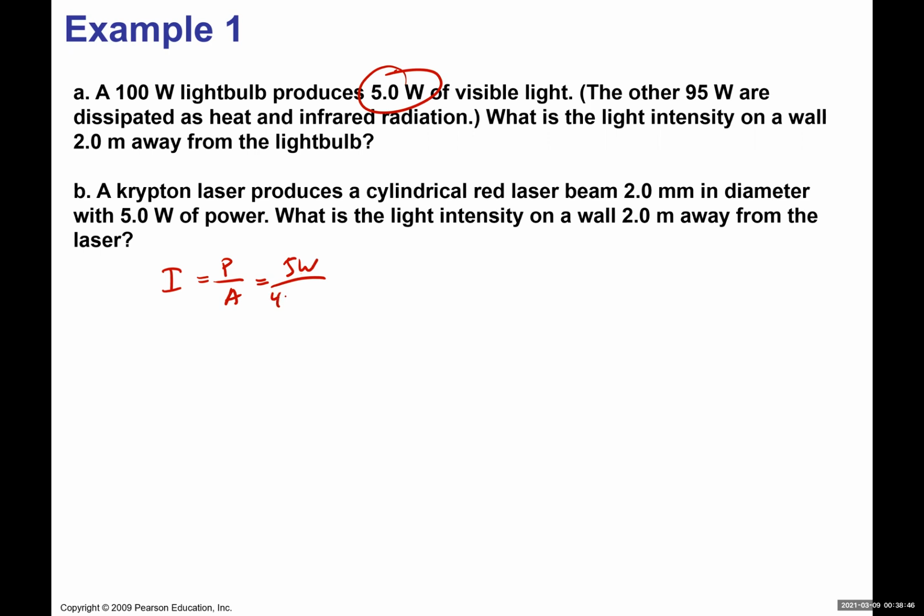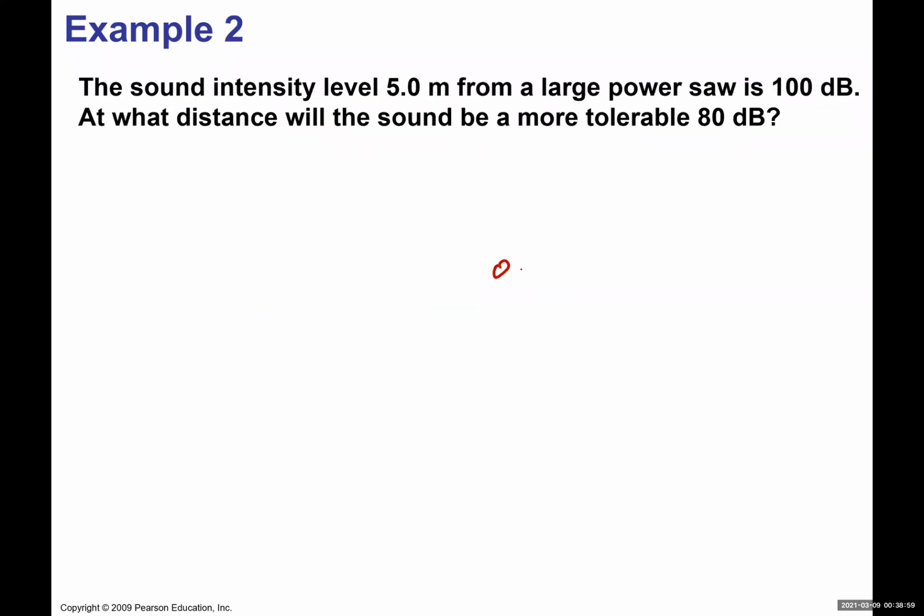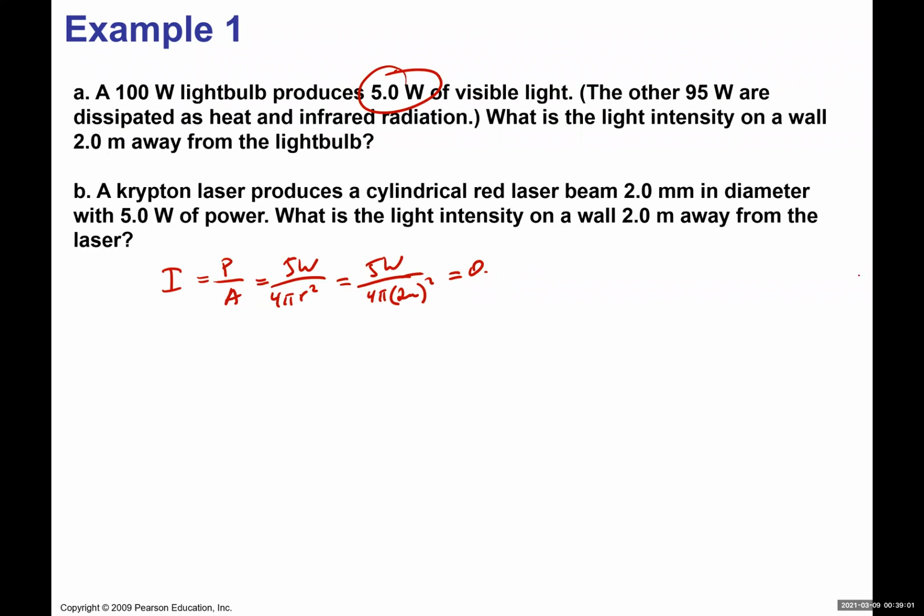Area is 4 pi r squared, where r is the distance, 2 meters. So we get 0.095 watts per square meter. That's the intensity of the light on a wall 2 meters away from the light bulb.